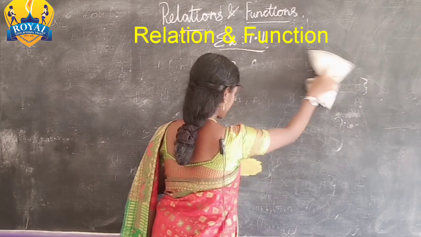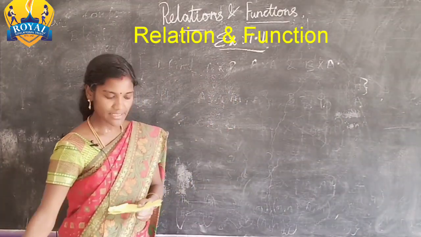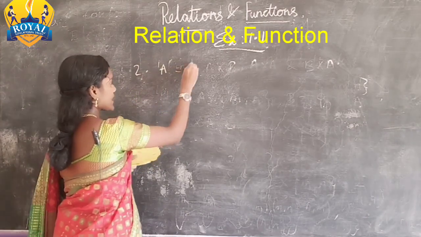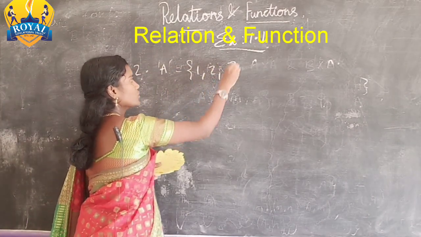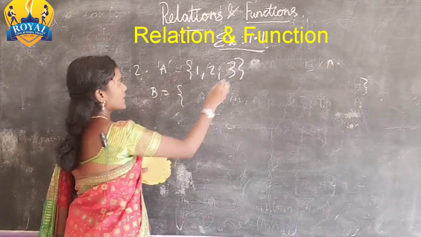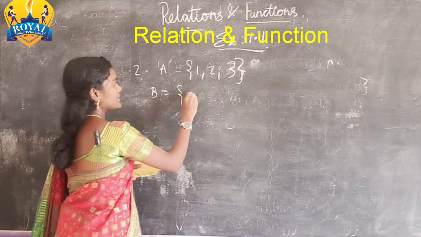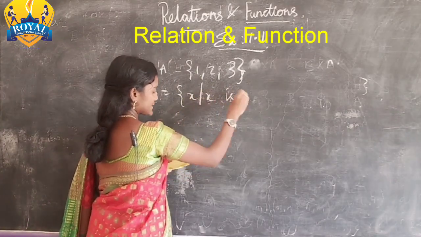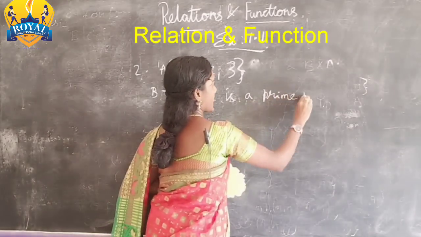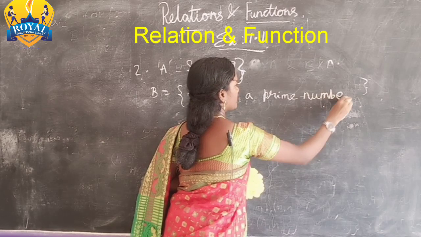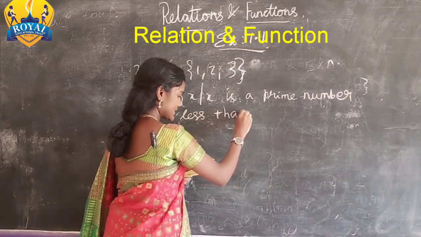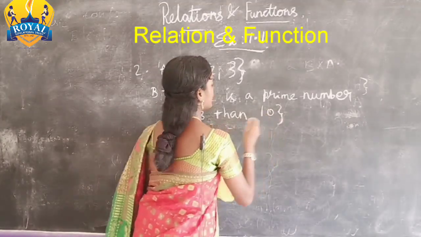The next sum is the second sum. A is equal to {1, 2, 3}. Then B is equal to {x, where x is a prime number less than 10}.